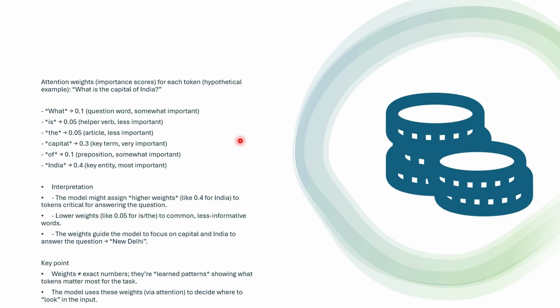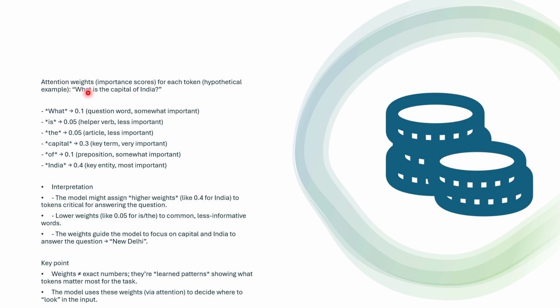Let us see this. For example, let us consider that there is a statement where you're asking ChatGPT what is the capital of India. Now, each word here will be broken into a token: what, is, the, capital, of, India.